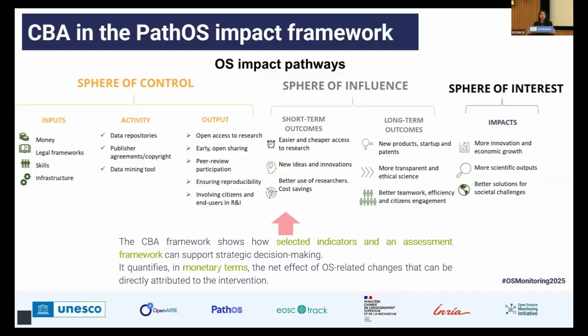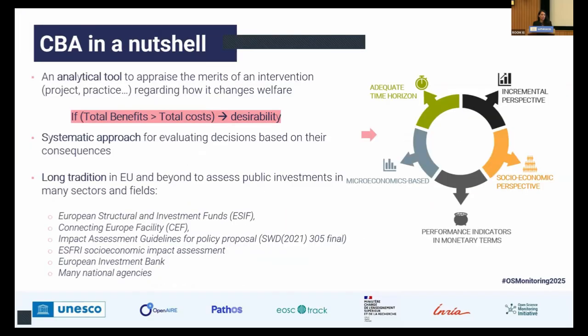It allows us to compare the costs and benefits of an investment in open science and provides a quantification of these effects in monetary terms.